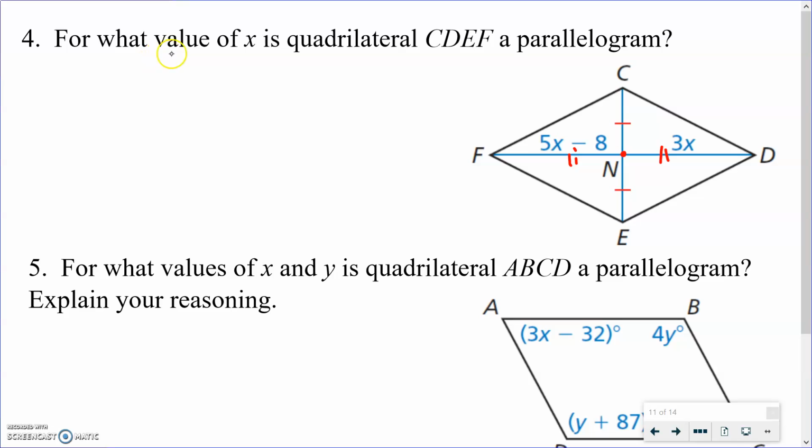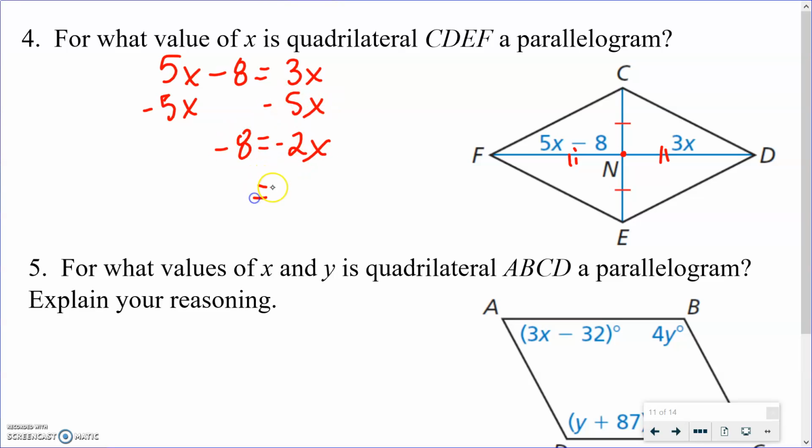So we can set those equal to each other and find the value of x that would make that a parallelogram. So I'm going to subtract 5x from both sides and get negative 8 equals negative 2x. Divide by negative 2 and get x equals 4. So I know that x equals 4 is the value that would make that a parallelogram.